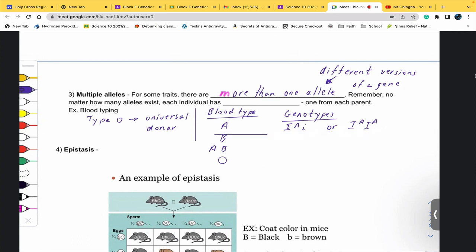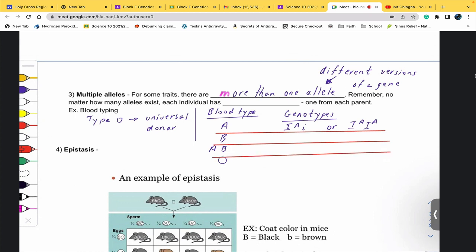You know what? I'll use a different color. Okay, so for B, we have 2 possible genotypes, because IB is dominant.